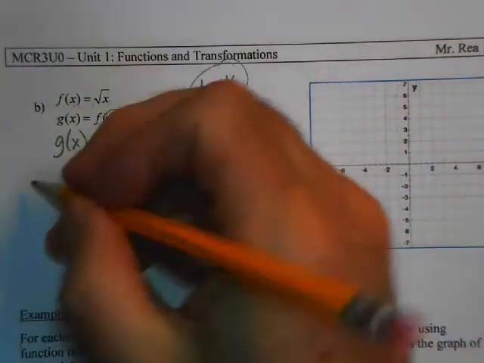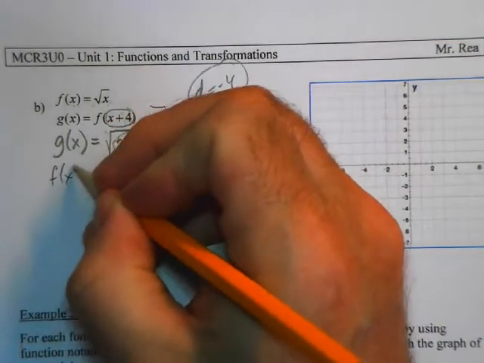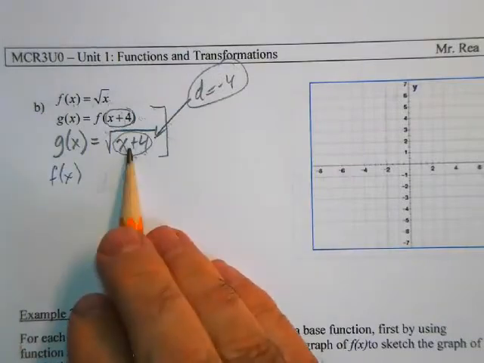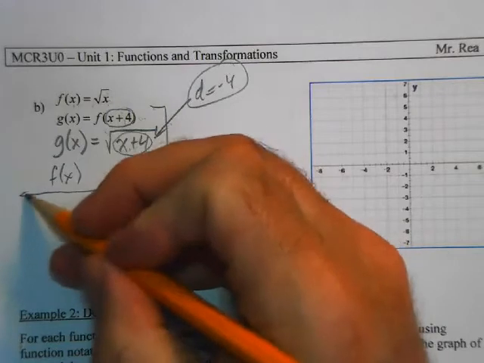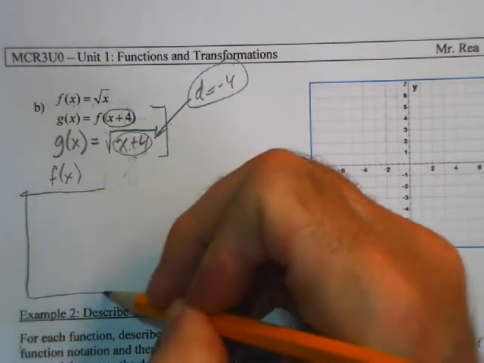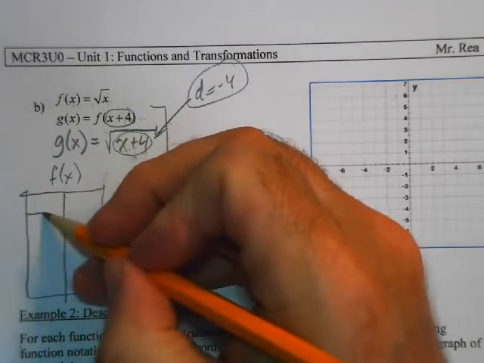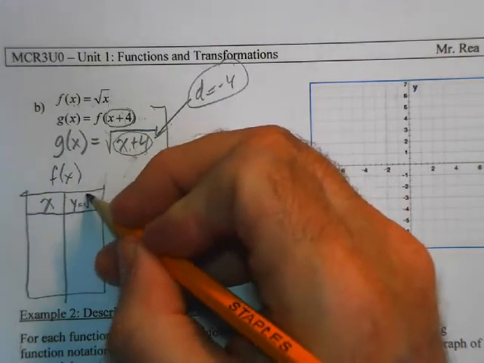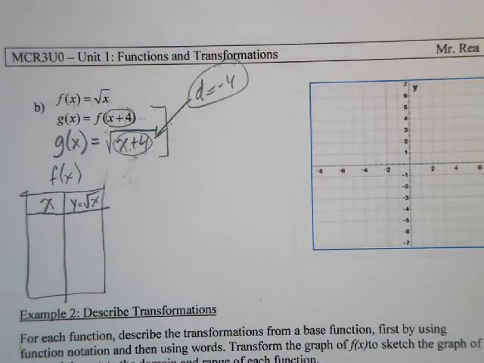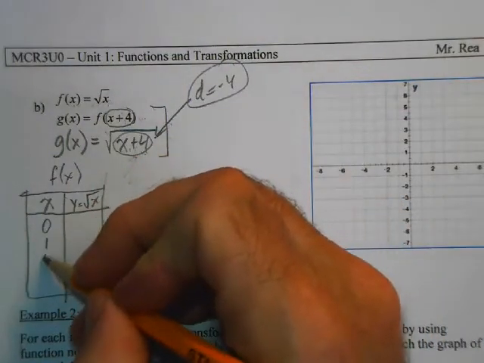Okay, so again, I'm going to do my base points. This time I'm doing my base points for the square root of x. So I do my table here: x and y equals square root of x. And if you remember those points, it was 0, 1, 4, 9.